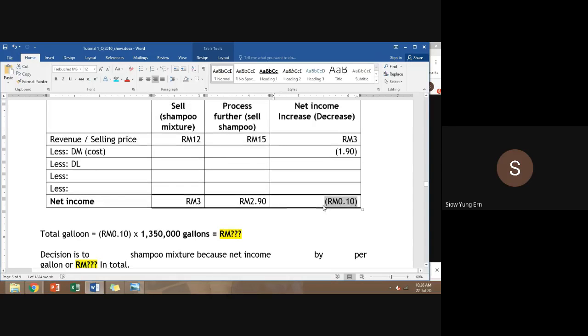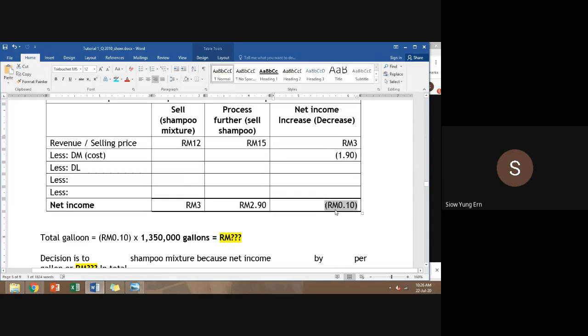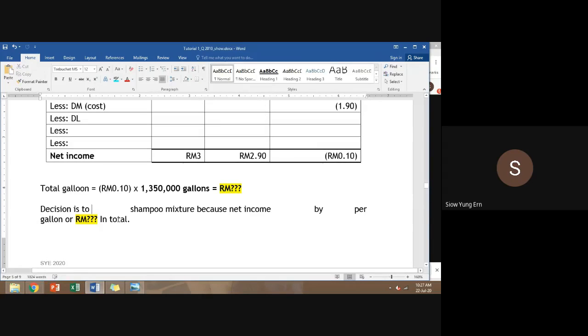But this is negative. The final answer is a negative. If negative, we always go back to your original decision, to sell. If it is negative, we always use back the original decision to sell shampoo mixture. If it is positive, then only we go to the new decision, which is to process further. So since this is negative, the decision is to sell.